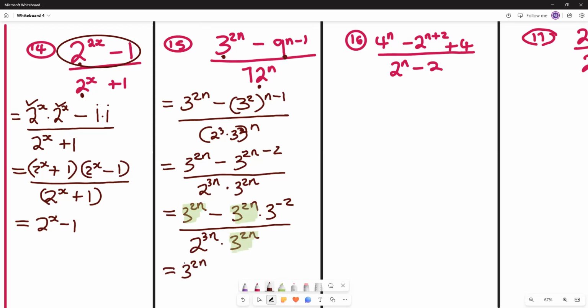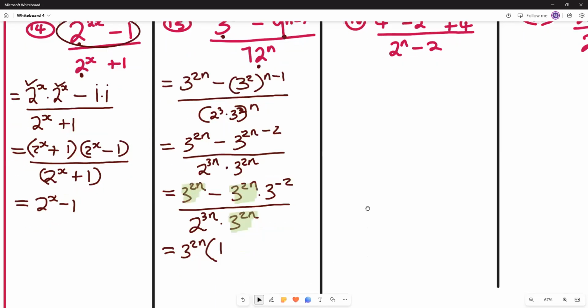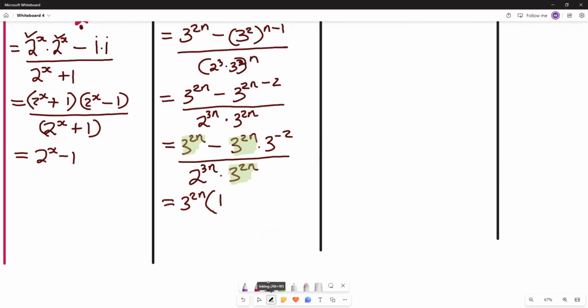What will that give us? That should give us, let's see. So we have 1 minus 1 dot 3 to the negative 2, all over 2 to the power 3n dot 3 to the power 2n, right?